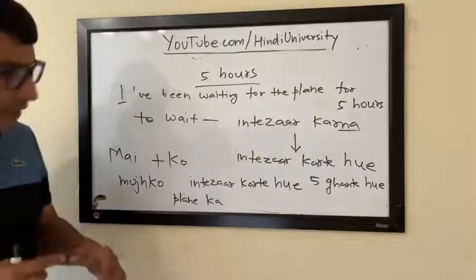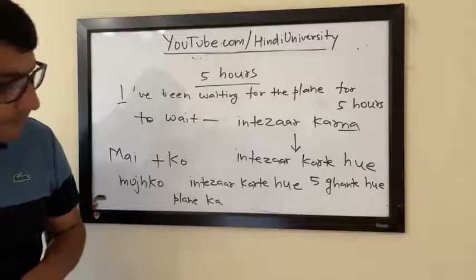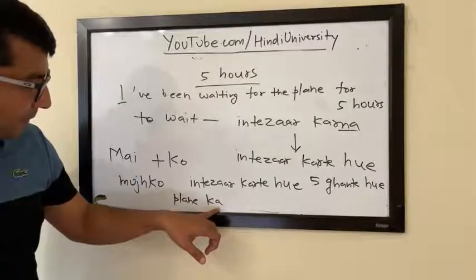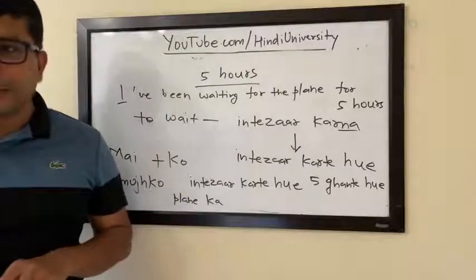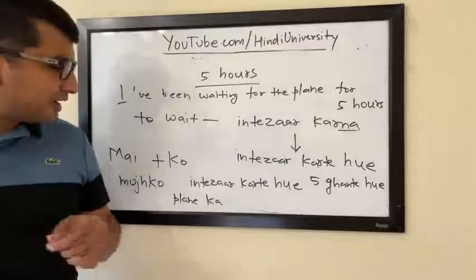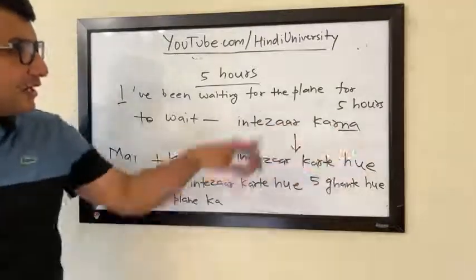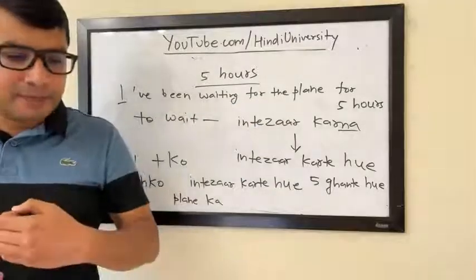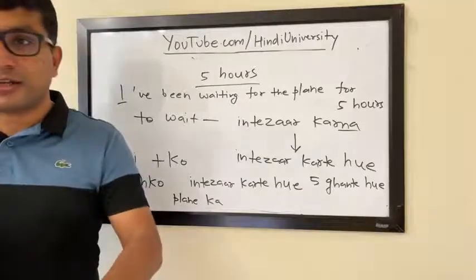So if you break it down, Ashu Ji? Excuse me. So if you had said मुझको प्लेन के लिए, that would have been wrong. It's basically wait of, basically. Even though in English you are saying for, it's like wait of something. Okay, like paycheck ka intizar, like wait of your paycheck, right?